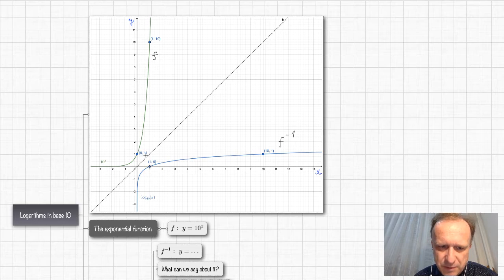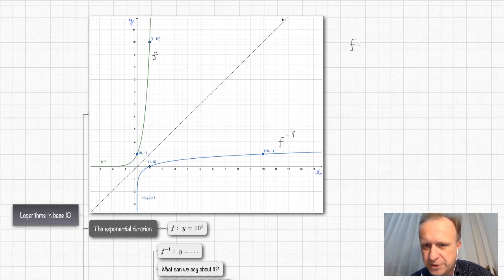Instead of 0 and 1 we have 1 and 0. Instead of coordinates 1 and 10 we have coordinates 10 and 1. This is what we can say about how the inverse is constructed from the original function.